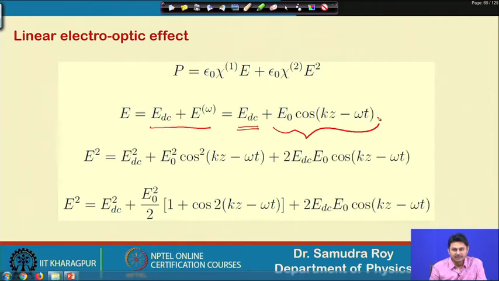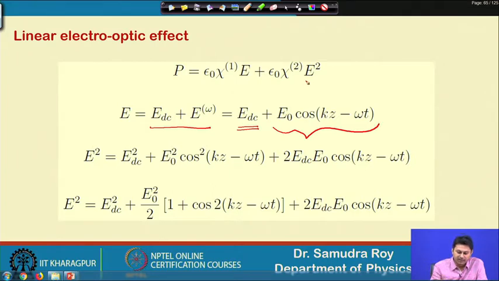Since it is E0 cos(kz minus omega t), it is a real term, and E DC is also a real term, but the important thing is that E DC does not have any frequency component, whereas E omega has the frequency component omega. Now, the next important thing is that we need to take the square of that.